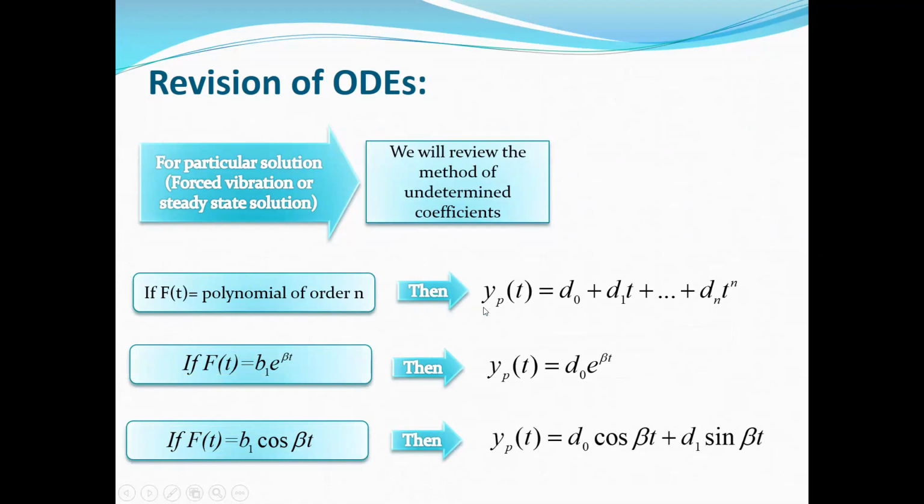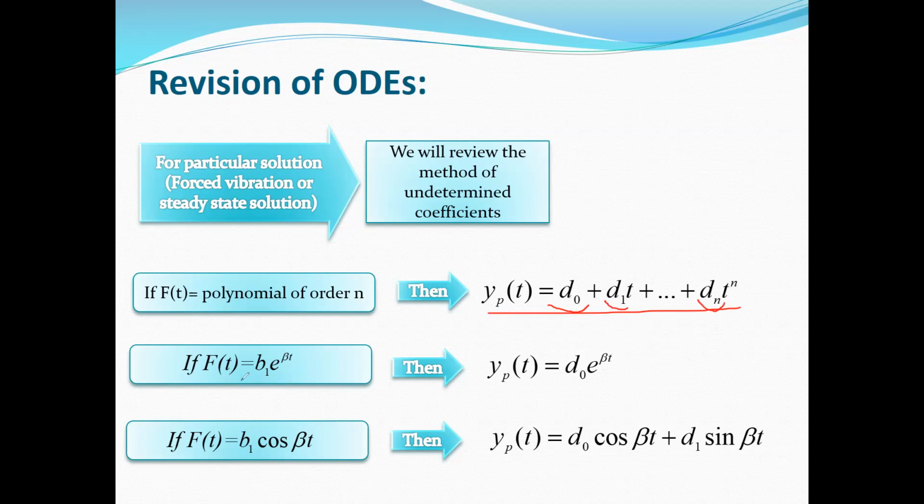So we can conclude that the particular solution is equal to a polynomial of order n, similar to the non-homogeneous term. We have unknown coefficients d0, d1, d2 to dn. So we have n plus 1 unknown coefficients, and these coefficients will be obtained by substituting into the main equation.